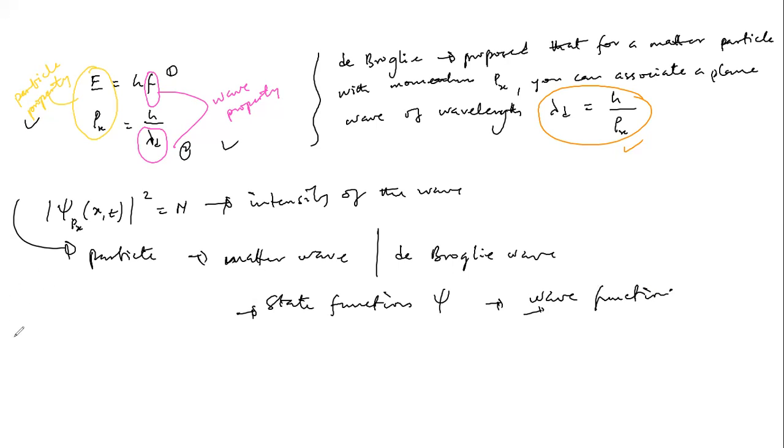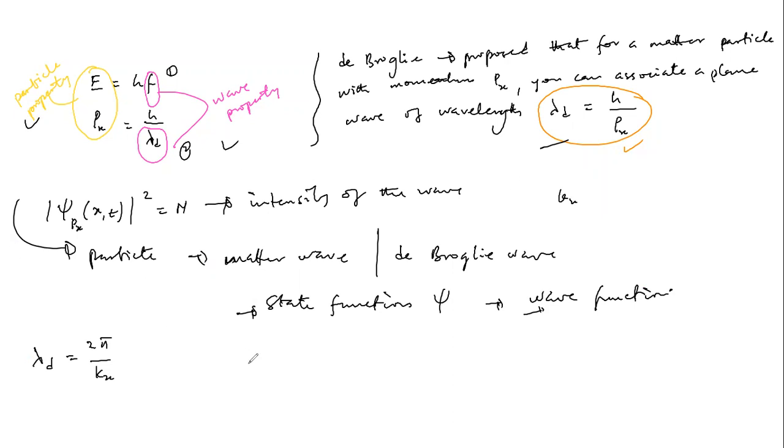Hence, the de Broglie wavelength lambda d, which is the same as h over p sub x, follows directly from the previous analogy with k sub x.